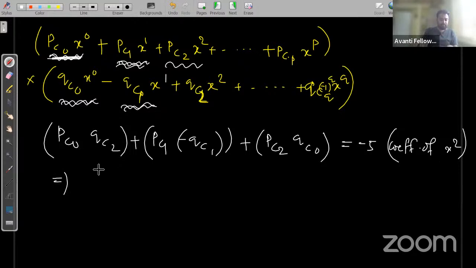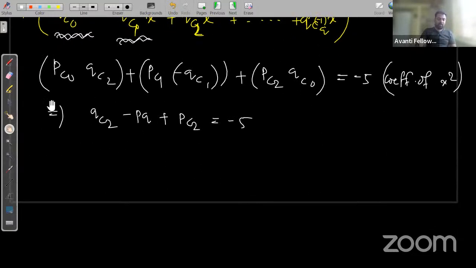QC2 into PC0 is 1, QC2, PC1 is P minus Q minus PQ, and QC0 into PC2 is minus 5. If you use the formula of combinations, we get Q factorial upon 2 factorial into Q minus 2 factorial.